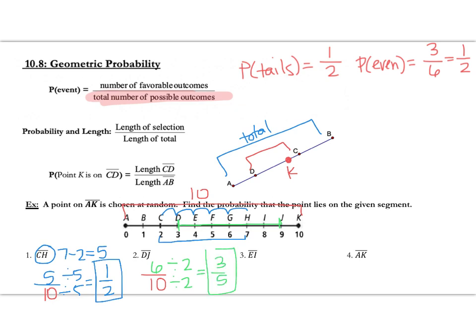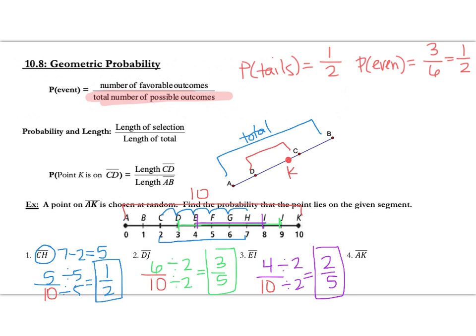We have a 3 out of 5 chance of landing on that segment. Alright, EI. To go from E to I, that's from 4 to 8, so that has a distance of 4 over, still 10 on the bottom because the total goes on the bottom, and then we're going to reduce. Divide by 2, we get 2/5.